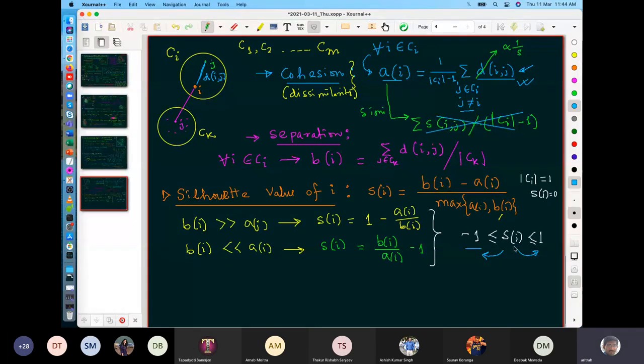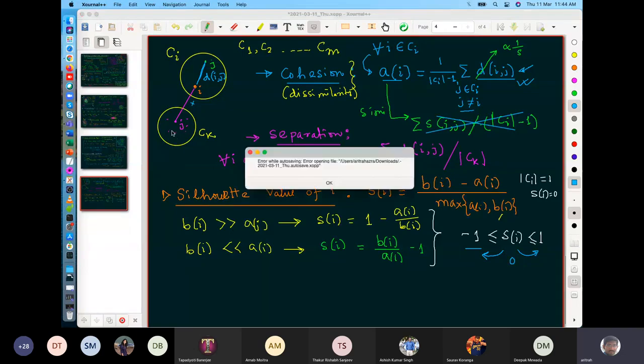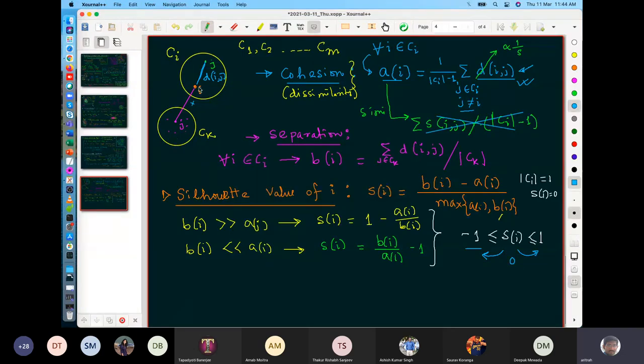Somewhere in the middle, when S_i is 0, b_i and a_i are almost similar. Not exactly, it is 0 if both are the same. But if they are similar, then this point is somewhere in the middle. Its separation and cohesion are equal, which means it is neither here nor there.